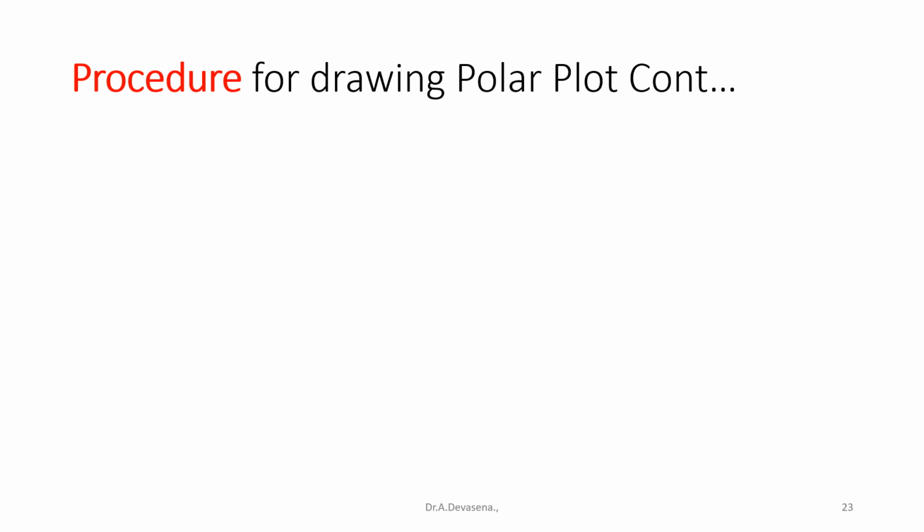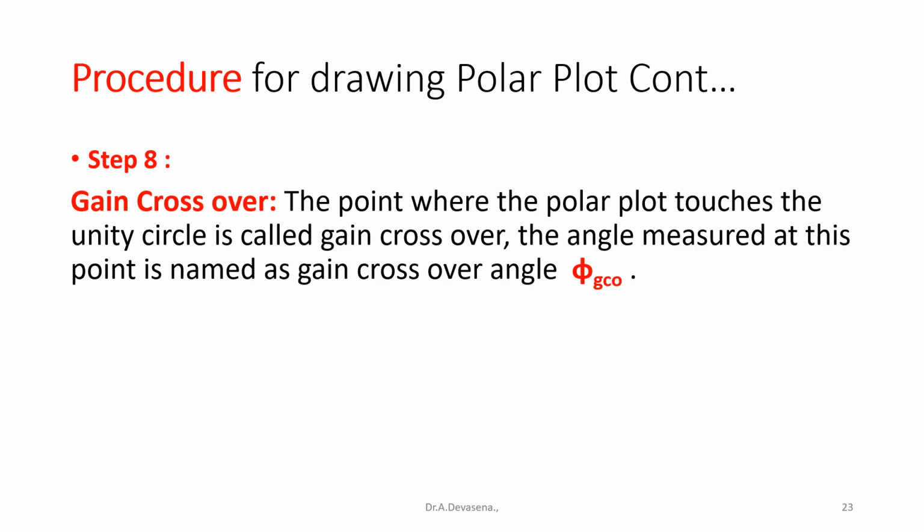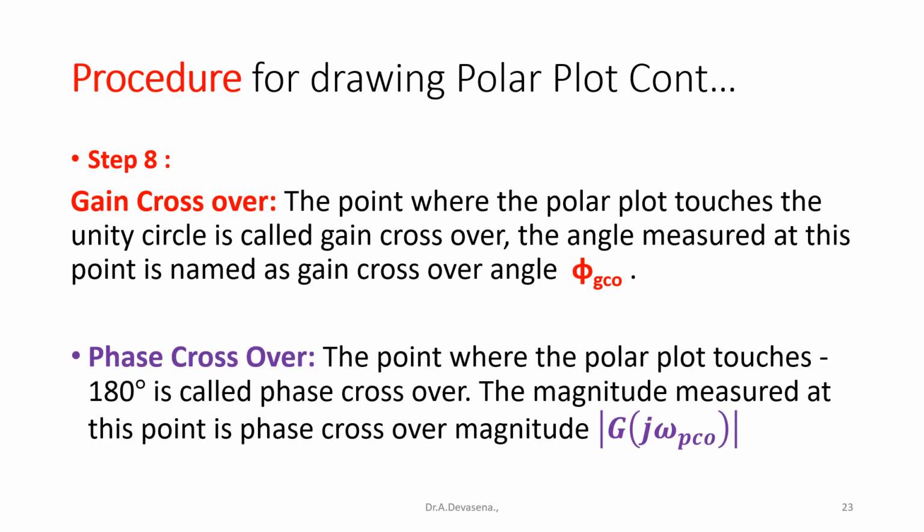Step 8. Gain crossover. Gain crossover is the point where the polar plot touches the unity circle. The angle measured at this point is named as gain crossover angle, which is represented as phi suffix GCO. Phase crossover.